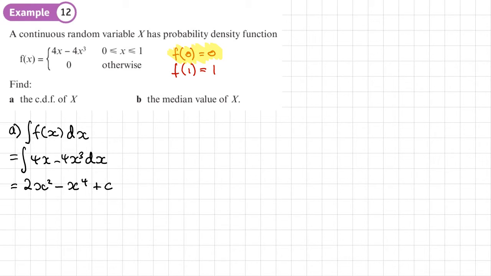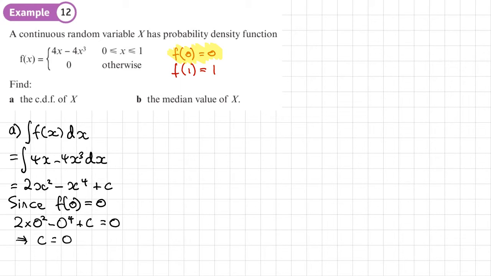So let's just write down, since F of 0 equals 0, then when x is 0, we'll get 2 times 0 squared minus 0 to the power 4 plus c equals 0, and so that tells us that c equals 0.